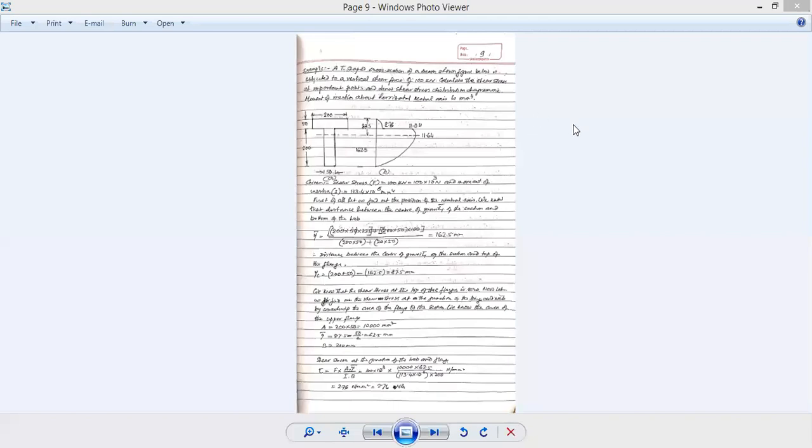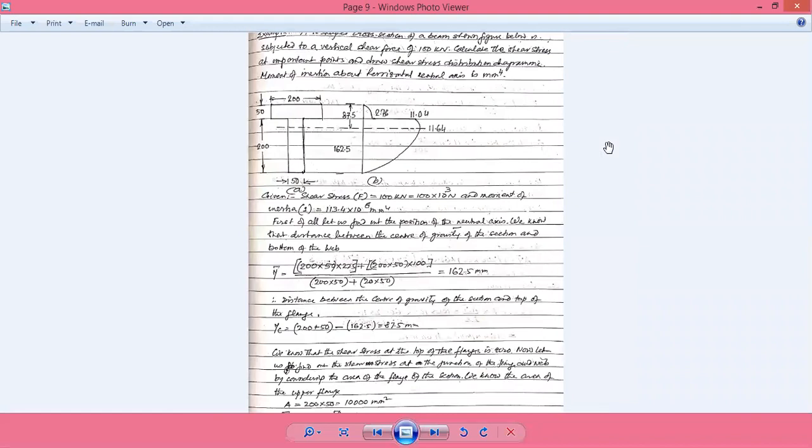Now what we have here is a T-shaped section, whose dimensions are given. The width of the flange is 200, depth of the flange is 50 only, length of the web is 500, and width of the web is 50.